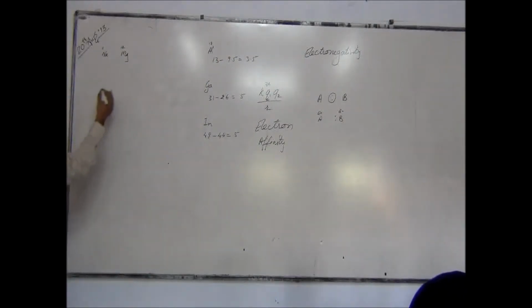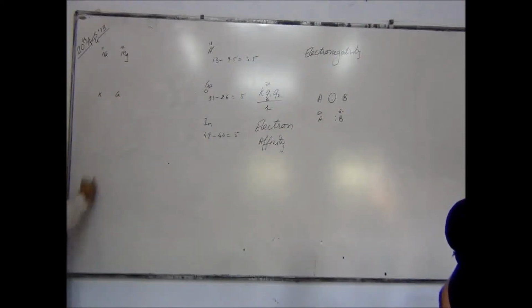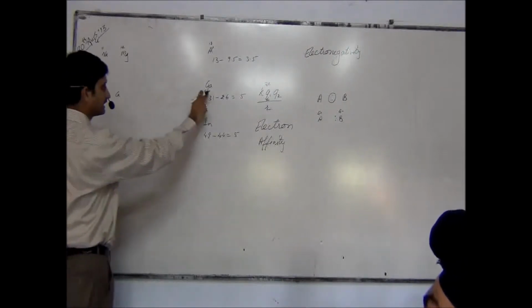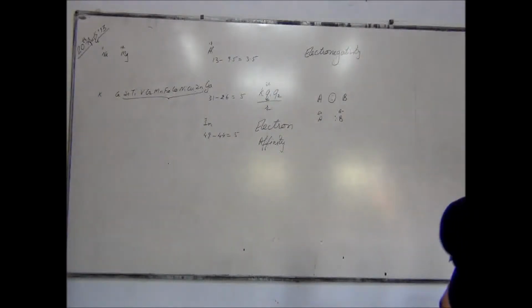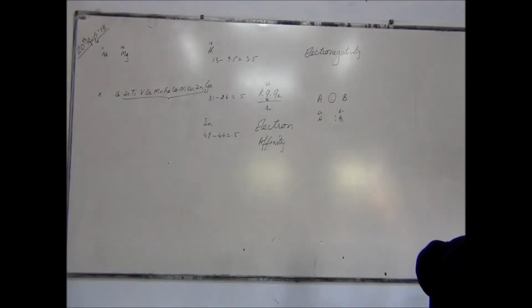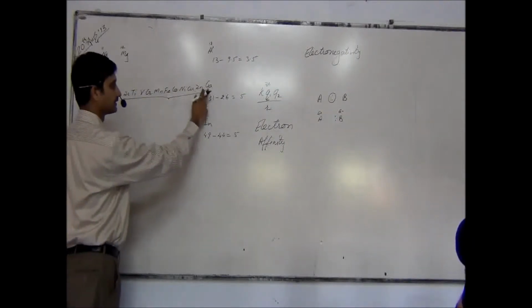When we talk about gallium, we have here potassium, calcium, and the important thing is that between calcium and gallium there are 10 other elements. There are 10 d block elements between calcium and gallium.